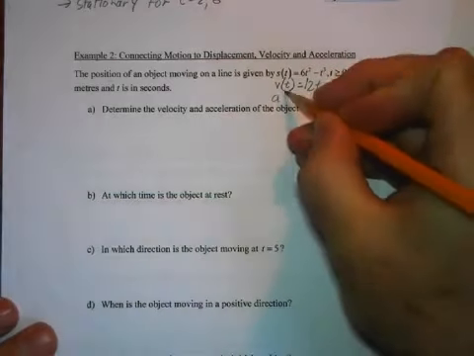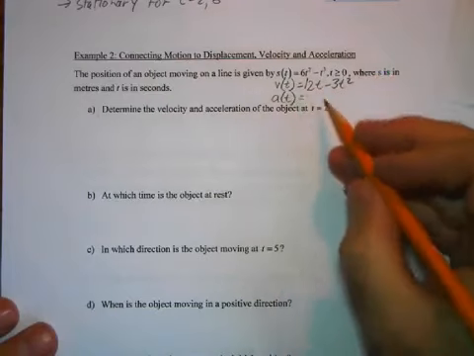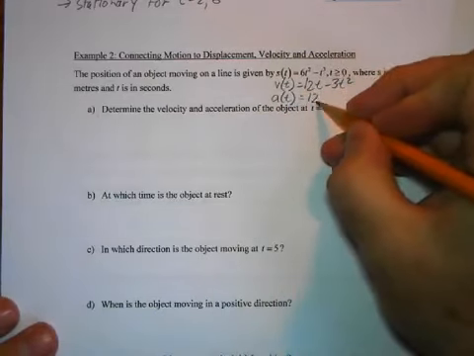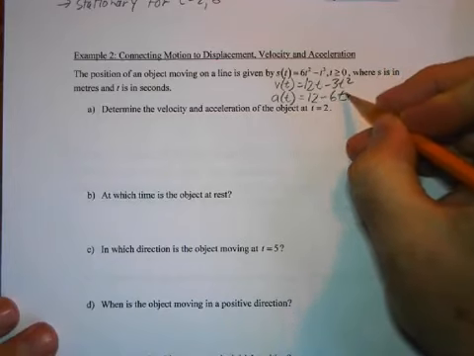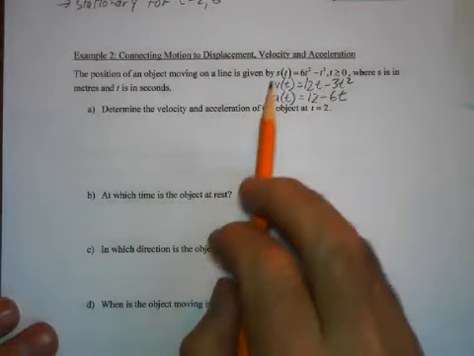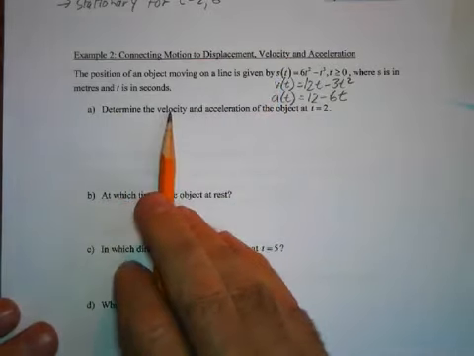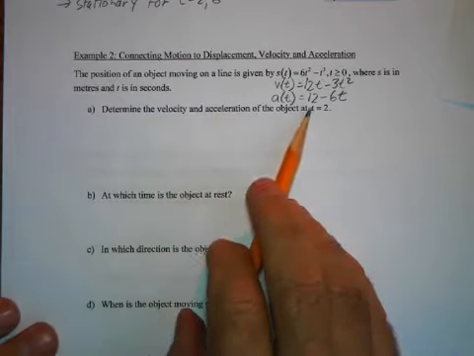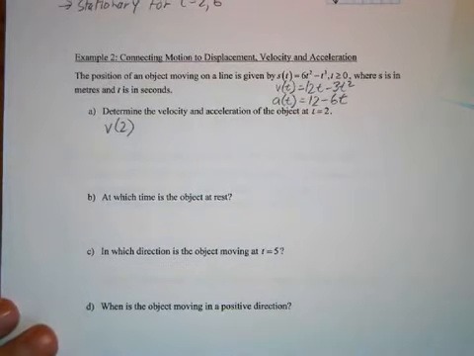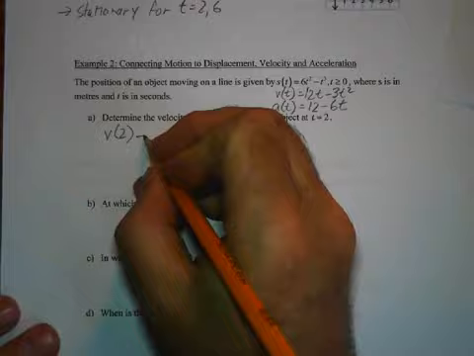And I can also create the acceleration equation by taking the derivative of the velocity, and that's going to be 12 minus 6t. So I've got the equations I need for position, velocity, and acceleration. This is asking for velocity and acceleration at t equals 2, so this is basically just plugging in 2 for t in the velocity equation.